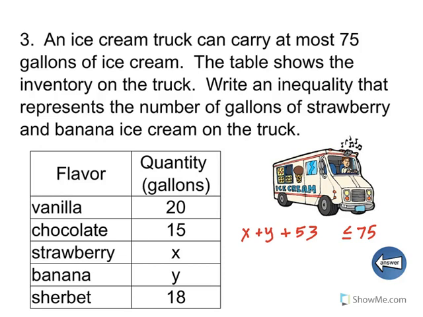I can simplify this though. I can subtract 53 on both sides, and I get x plus y is less than or equal to 22. There are multiple values that x and y could be, so we would just leave this as an inequality.